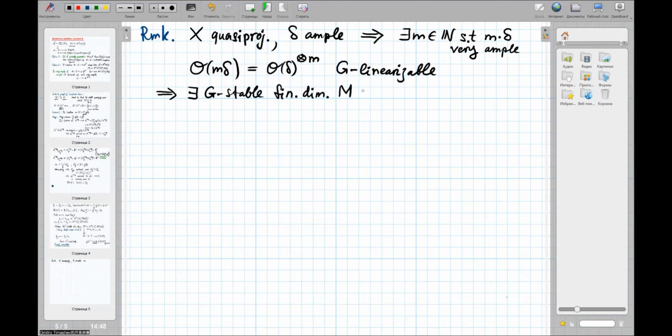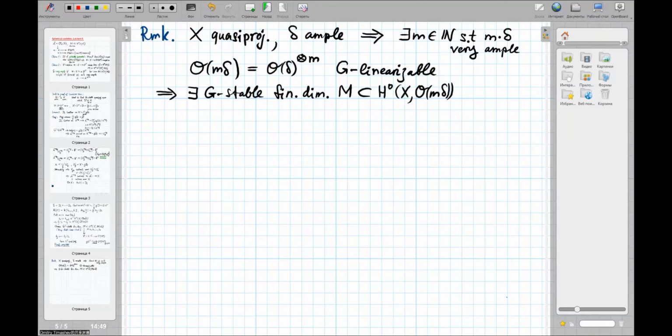Professor, I have several questions. If delta is ample, there exists some positive number m such that the m multiple of delta is very ample, right? Right. So is it true that for every number bigger than m, the multiple of delta is very ample?